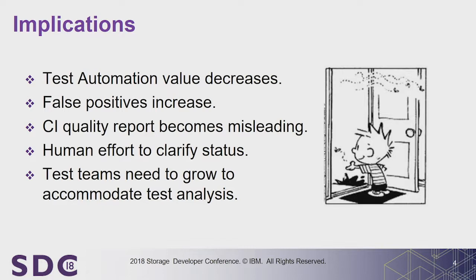Also the number of false positives increases, which means that the quality reports we are providing are not really a clear indicator of the quality of the overall product. And now instead of human effort going to manually testing, the human effort goes to clarifying the status of, oh no, this wasn't supposed to fail like this, which is counterproductive and not really a good ally of going agile.